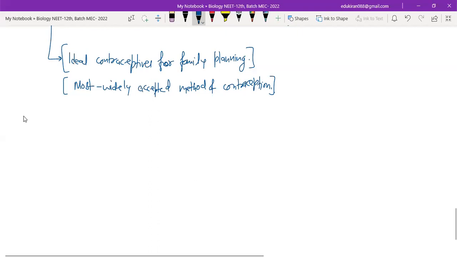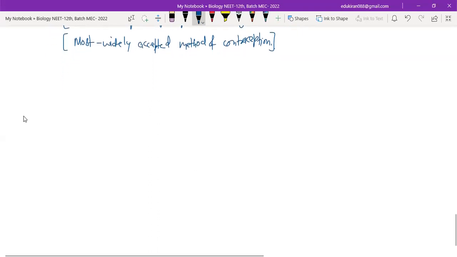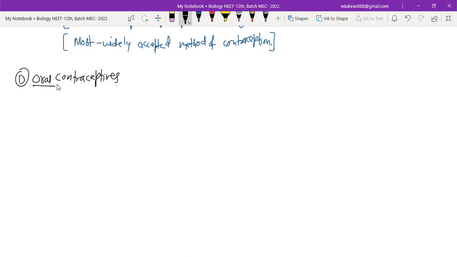Let's go to one more type. After IUDs, there are oral contraceptive methods. Oral contraceptives. By oral contraceptives, these are pills or tablets that can be taken by the female orally.